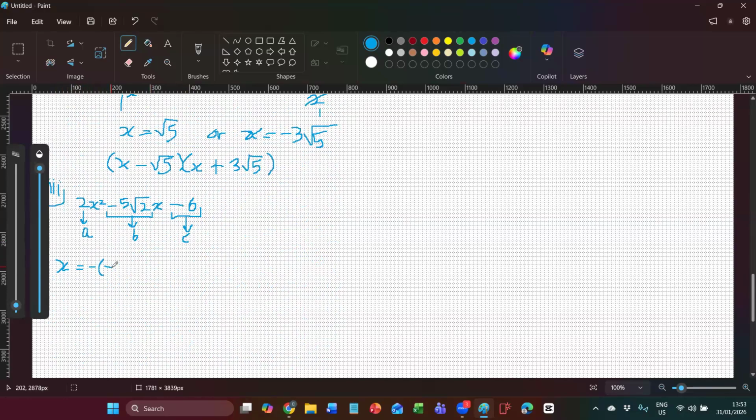But because this B has a minus sign, we have to write it like this inside the bracket before we remove the minus sign, because we know it is going to give us a plus. So we have minus B plus or minus square root of B squared. And here too we have to remind ourselves that there's a minus, but it doesn't make any difference because the square of a negative number is still a positive number.